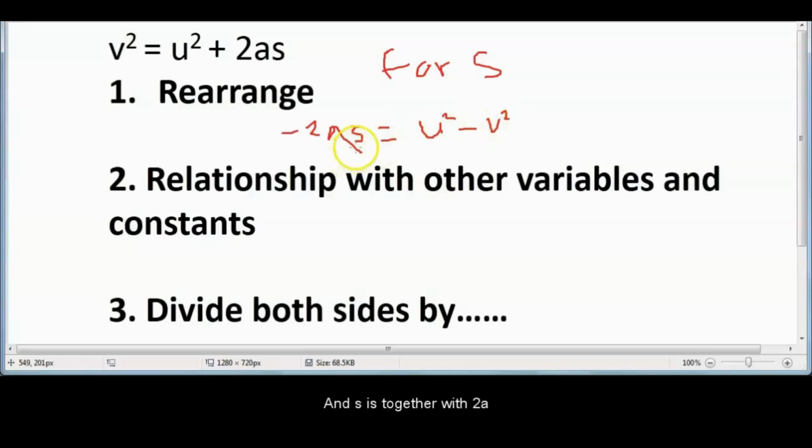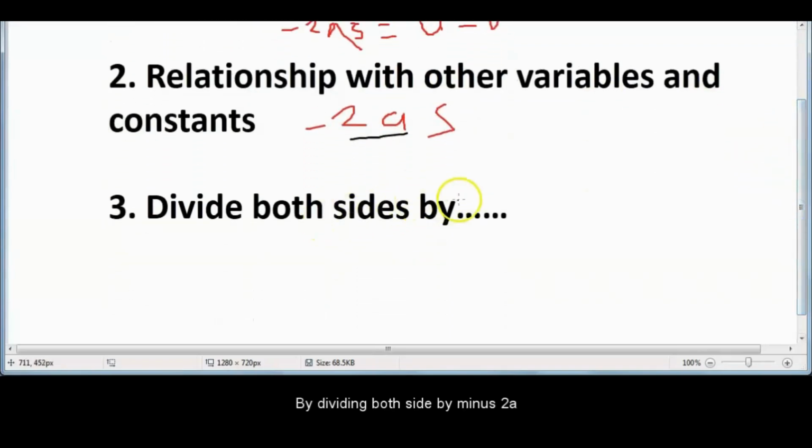Now s is together with 2a. Both 2 and a are connected to s by a multiplication operation. So I'm going to remove 2 and a, minus 2a, by dividing both sides by minus 2a, because the opposite of multiplication is division.